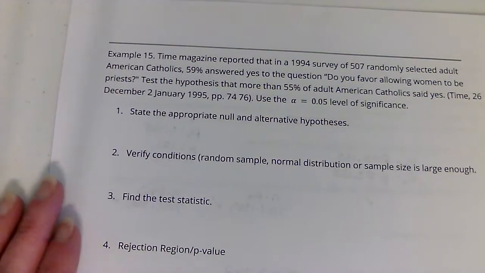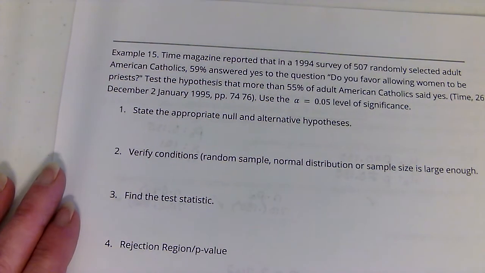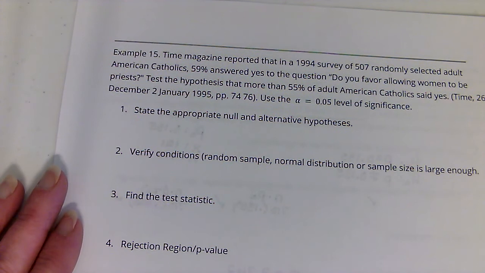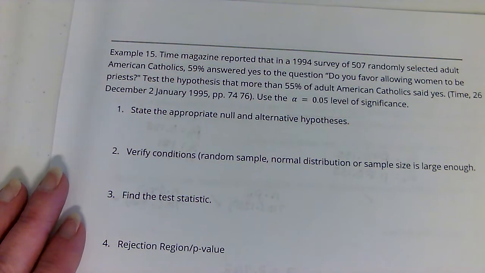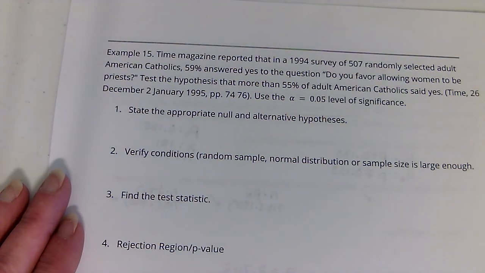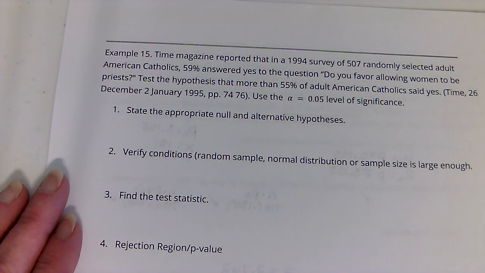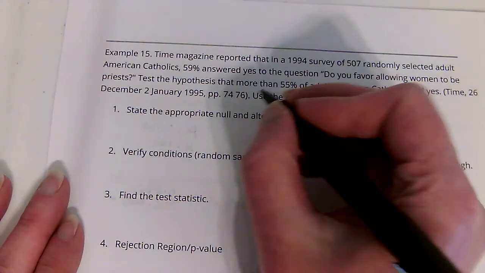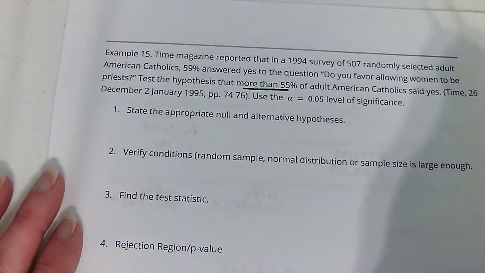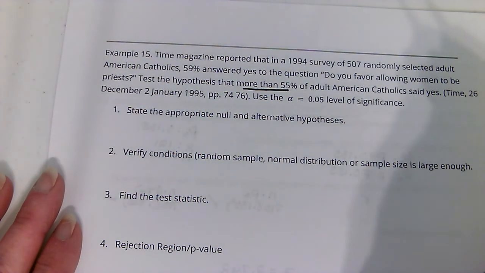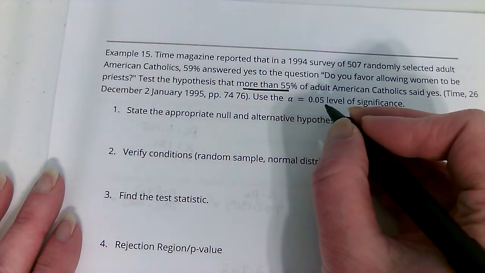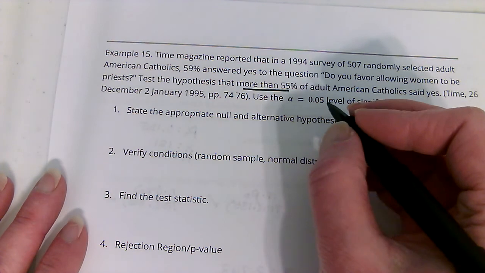Last one. Time magazine reported that in a 1994 survey of 507 randomly selected adult American Catholics, 59% answered yes to the question, do you favor allowing women to be priests? Test the hypothesis that more than 55% of adult American Catholics said yes. Use alpha equals 0.05.